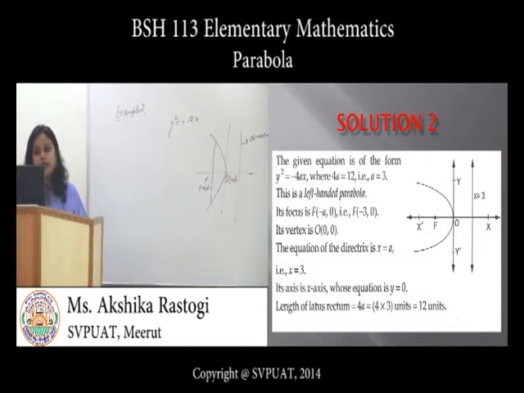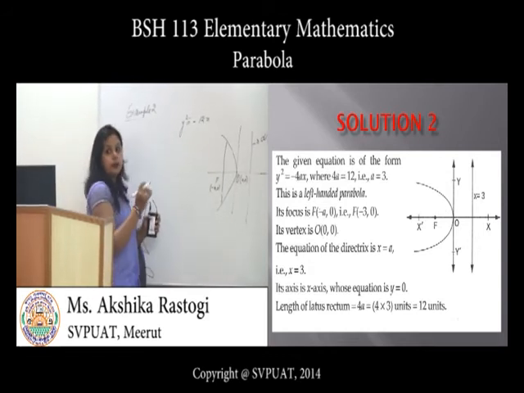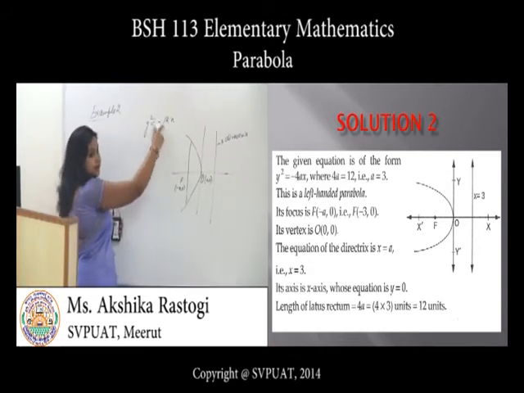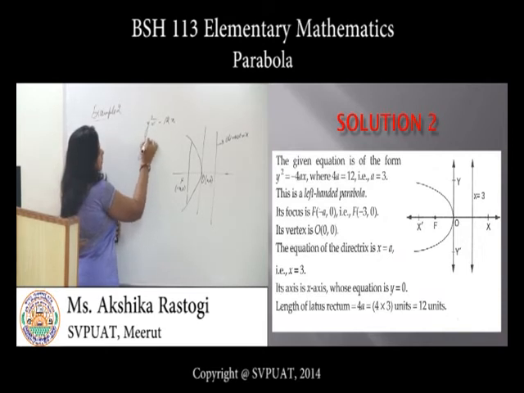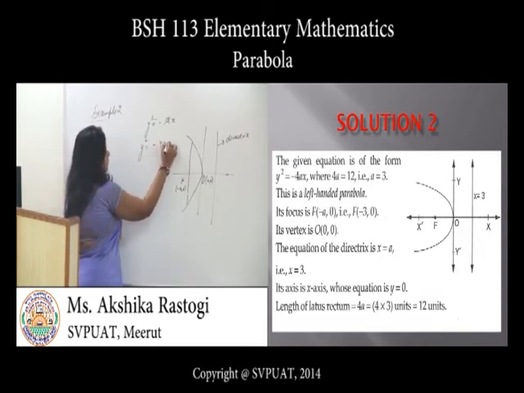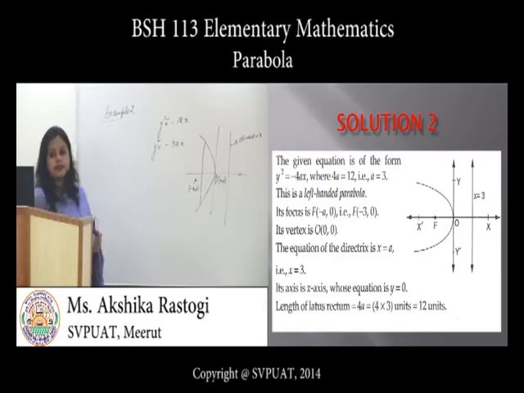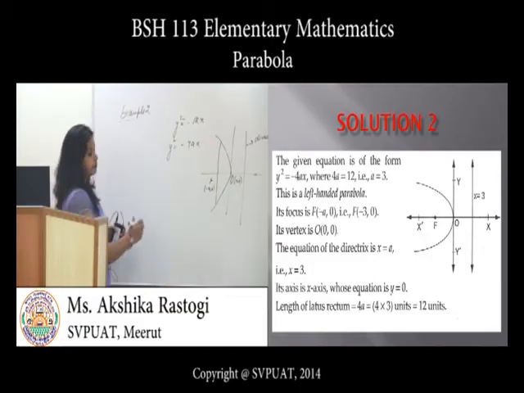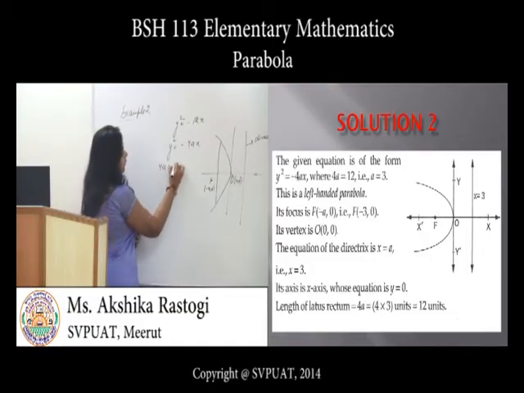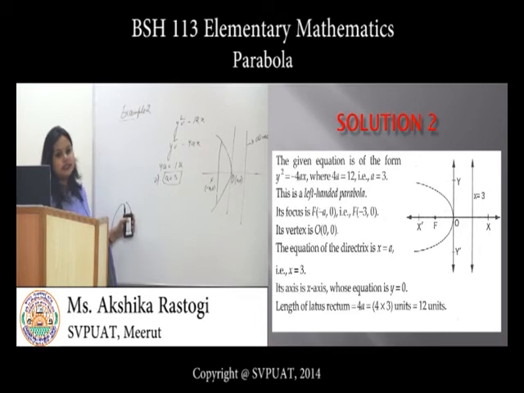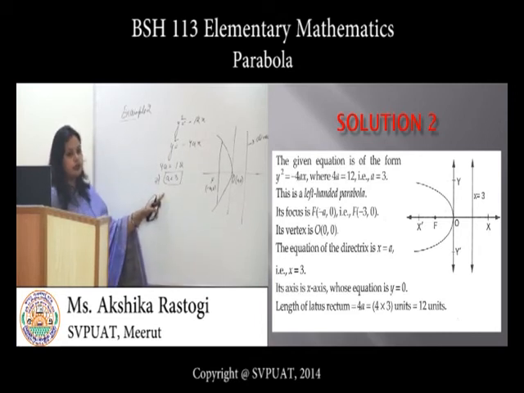As we have done in the earlier example, first we have to compare this equation with the standard one. Minus 4ax: 4a will be 12 and a will be 3. So this is the very first step that we have to follow in each and every example. a equals 3.